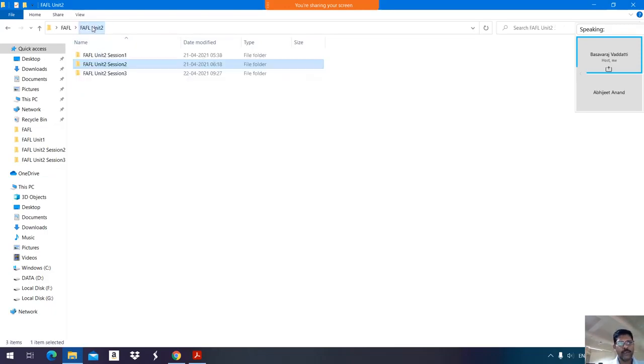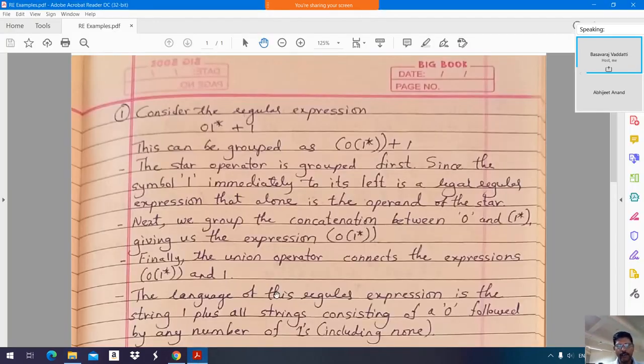We understood the elementary components of the regular expression, then the inductive steps of the regular expression. That entire thing together constitutes what is called the definition of the regular expression. And as an introductory example, we discussed in the previous class 3 to 4 examples of how to write a regular expression for the given problem statement.